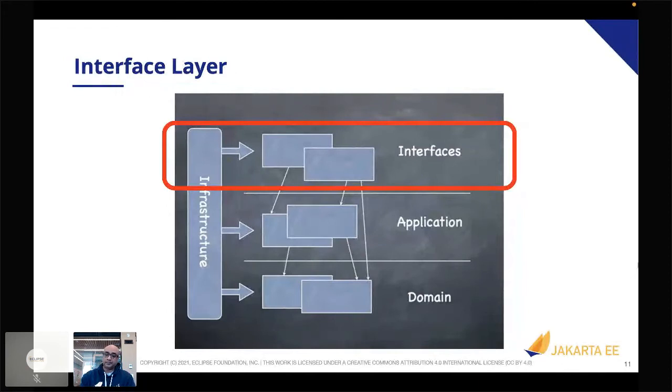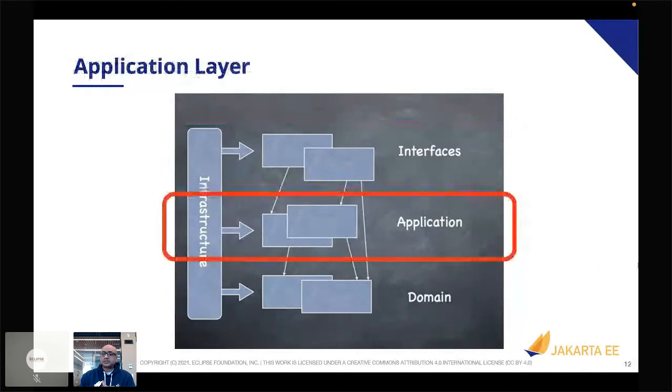That's the idea here. The next level down is the application layer, and this basically has echoes of how we used to do things in the J2EE blueprints way of doing things. So these are basically objects that model high-level use cases in your application. These are mostly verbs, actually. So this is a high-level object that maps to, if you will, a subsystem in your application that has these behaviors that are very, very coarse-grained.